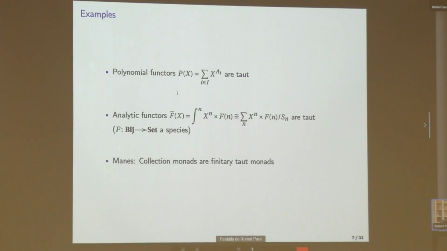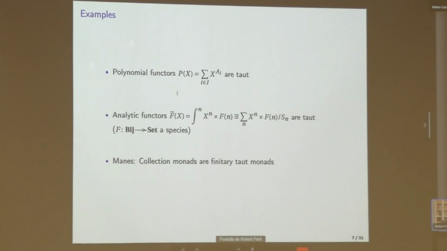A couple of examples here. Polynomial functors are top. A polynomial functor is a sum of exponentials, and the exponentials are Hom functors. Hom functors preserve all limits, and then we take a sum of those, and so those are top. So the polynomial functors are top. Analytic functors are also top. Analytic functors are similar, but now we're modding out by the action of the symmetric group, and those are also top.